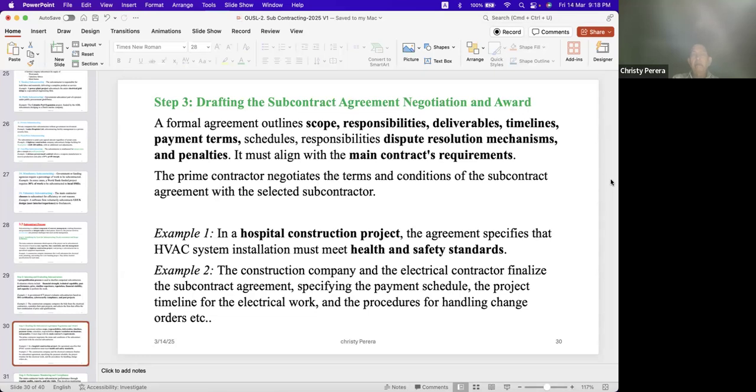A formal agreement, the correct agreement, should outline scope, responsibilities, deliverables, timelines, and payment terms, which I told you all. Payment terms may be a price formula. It all depends.